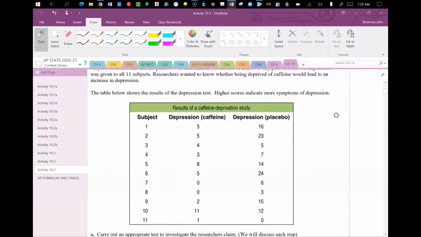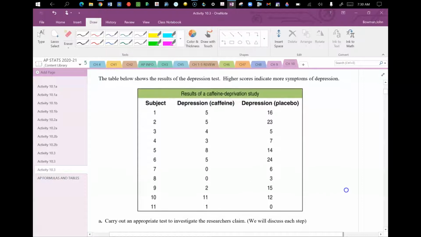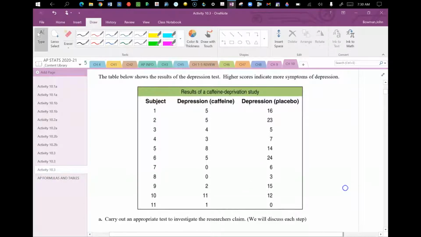So as you can imagine, it makes sense to make this a matched pairs experiment because we all react differently to caffeine or caffeine deprivation. And so instead of comparing the depression rating with caffeine to the depression rating with a placebo, we can't, because we can't argue that those are independent of each other, and therefore it will screw up our calculation of the standard error of the sampling distribution.